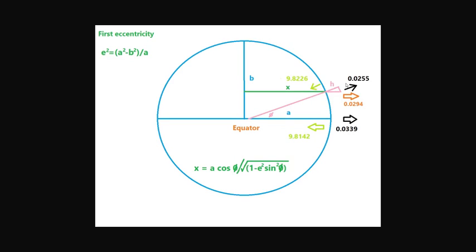So if we add to that diagram, the centrifugal force, of course, always acts outward from the spin, and the spin is along that B axis there, or the semi-minor axis. In this case, the magnitude of the centrifugal force in that direction is 0.0294, or an acceleration of 0.0294 meters per second squared.